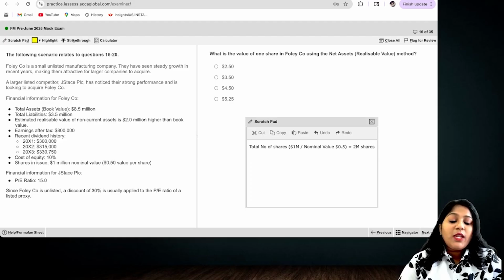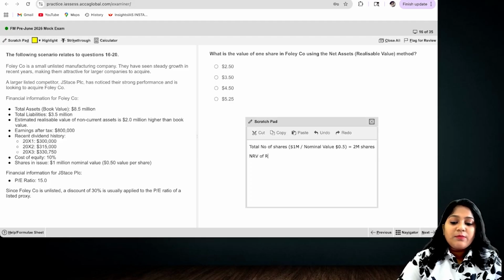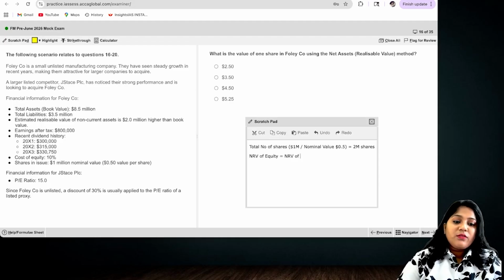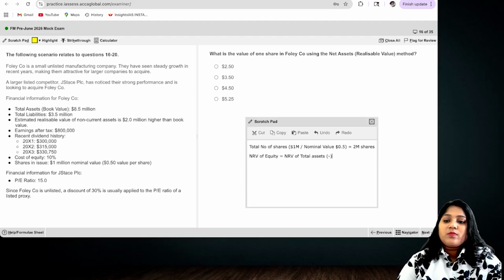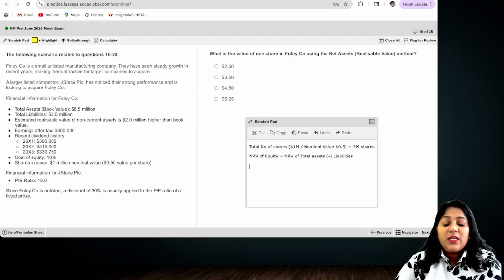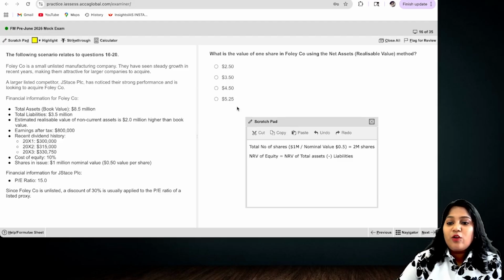Now I need to find out the NRV of equity. So what is the NRV of equity? It is the NRV of total assets minus liabilities. It's the normal equation that we use, but we use NRV. The book value of the assets is 8.5 million, but the estimated realizable value of non-current assets is 2 million higher than the book value.